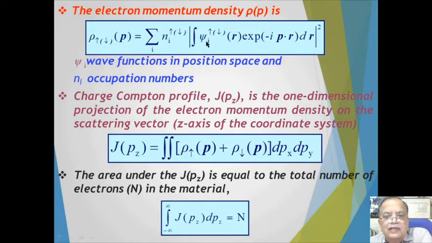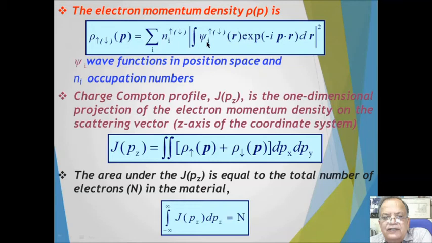So theoretically, if you have the wave function, first just forget about this bracket with the spin down, read only one equation. So rho up is the sum over i of n_i up, the integral of psi_i up (r) times the exponential of this, dr, whole square.